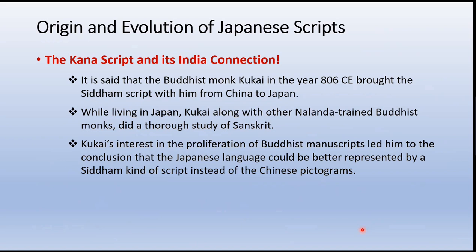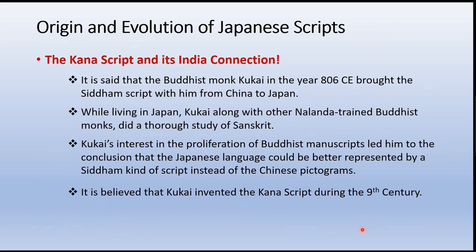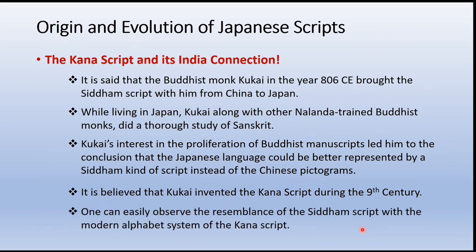Kukai's interest in the proliferation of Buddhist manuscripts led him to the conclusion that the Japanese language could be better represented by a Siddham kind of phonetic script instead of the Chinese pictograms. And it is believed that it was Kukai who invented the Kana script during the same 9th century. One can easily observe the resemblance of the Siddham script with the modern alphabet system of the Japanese Kana script.